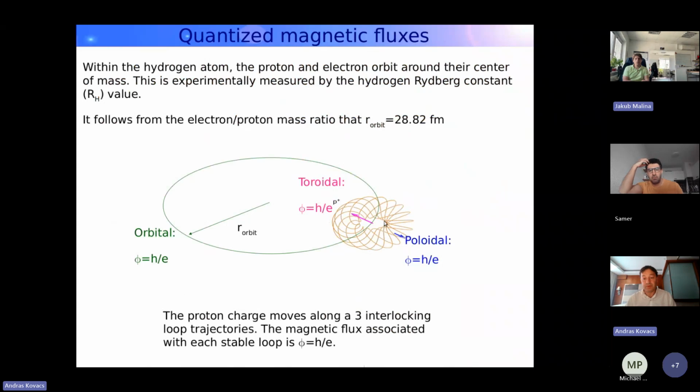And the big question that is not yet answered today, what exactly is it that stabilizes this fractal type of charge circulations? But in any case, for the purposes of our presentation, what we have to remember is that for every stable charge circulation, whether you are looking at the quantum mechanical loop or Zitterbewegung loop, the magnetic flux is always h over e.